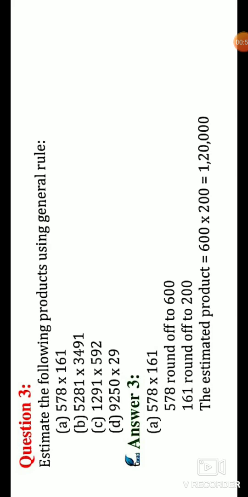D: 9250 into 29. So you have to estimate the following products using the general rule.